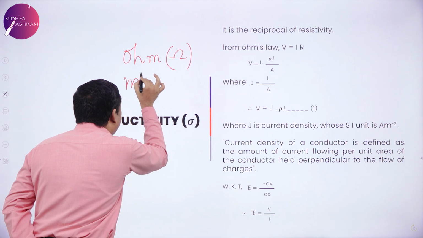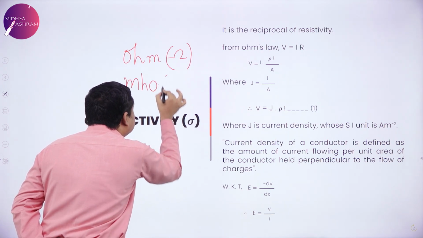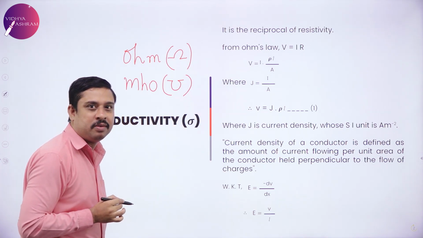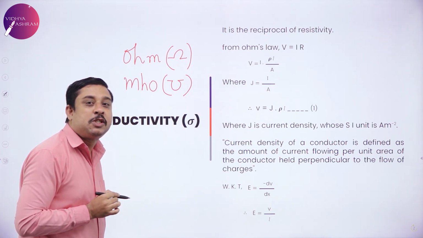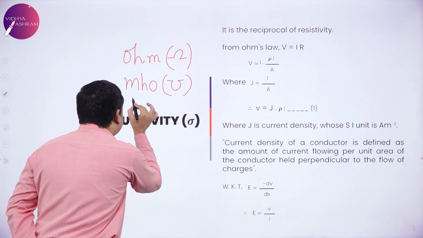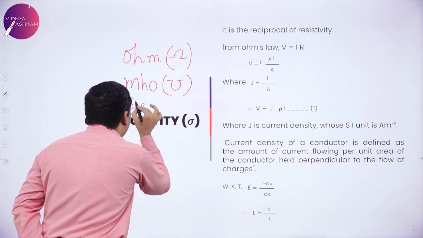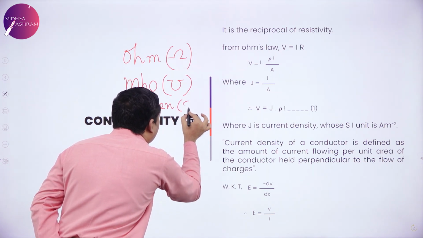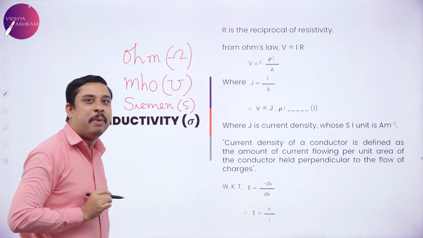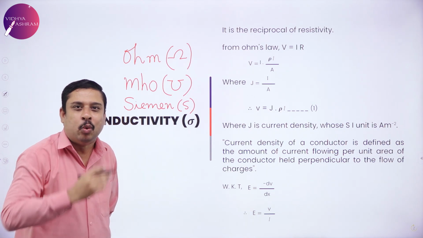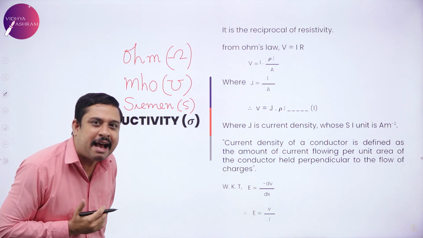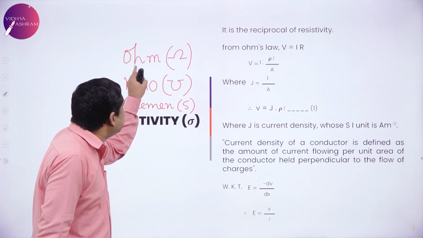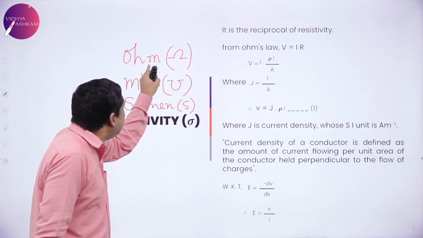Therefore, the unit for conductance is mho, with an inverted ohm symbol, or specifically for conductance, we follow a unit called Siemens. Look how well the relation is built between them. Resistance SI unit is ohm.